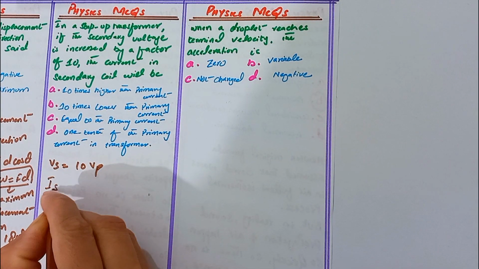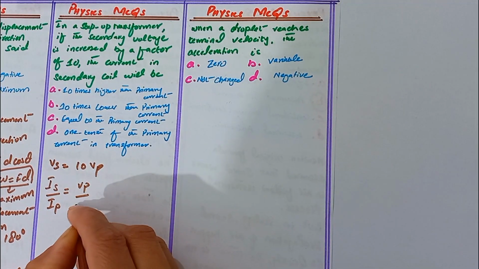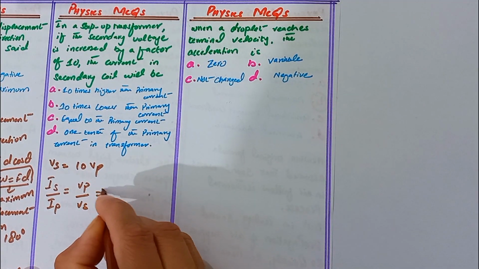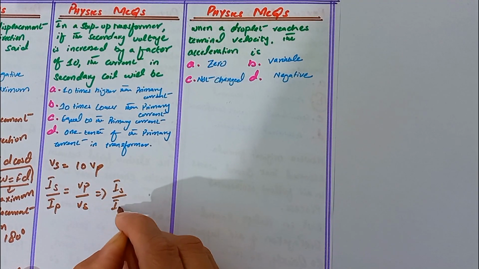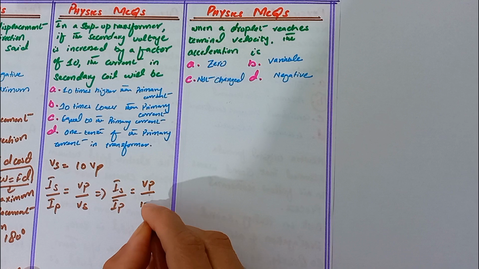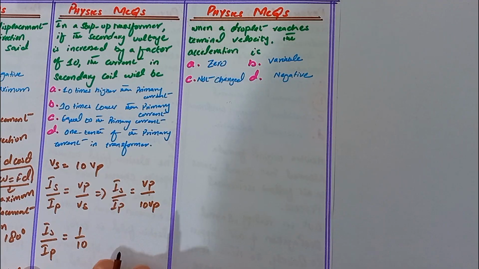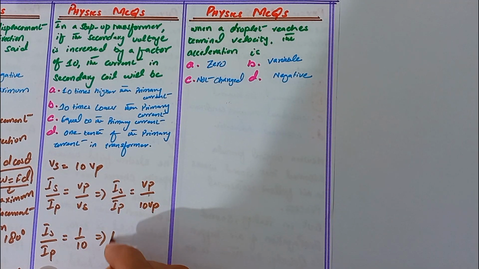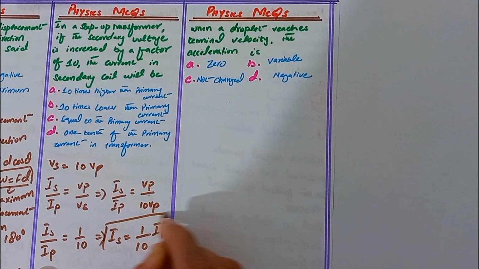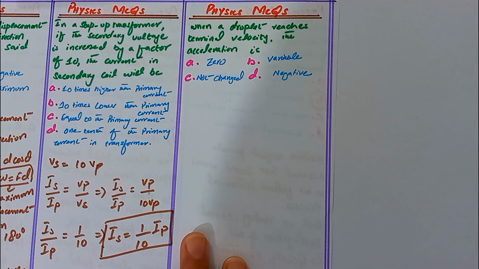Here we know the formula of current, Is over Ip equals Vp over Vs. We know the secondary voltage value is 10 times the primary voltage. So the ratio of the secondary current to the primary current is equal to 1 over 10. So the secondary current is decreased to 1/10 of the primary current when the secondary voltage is increased by a factor of 10.